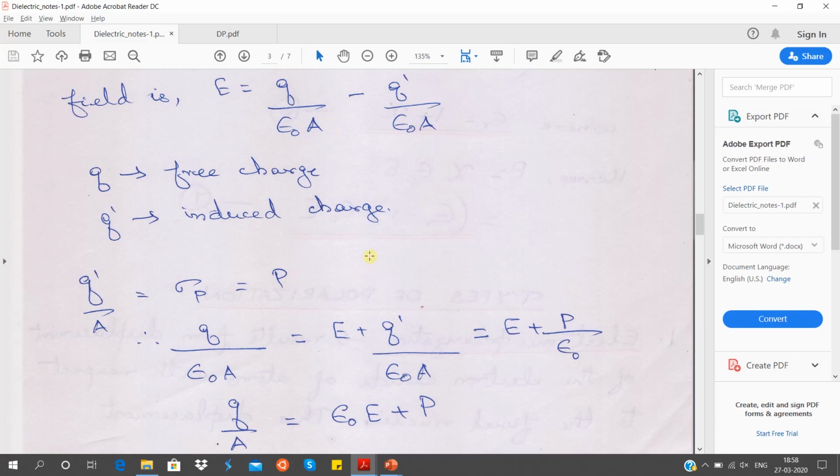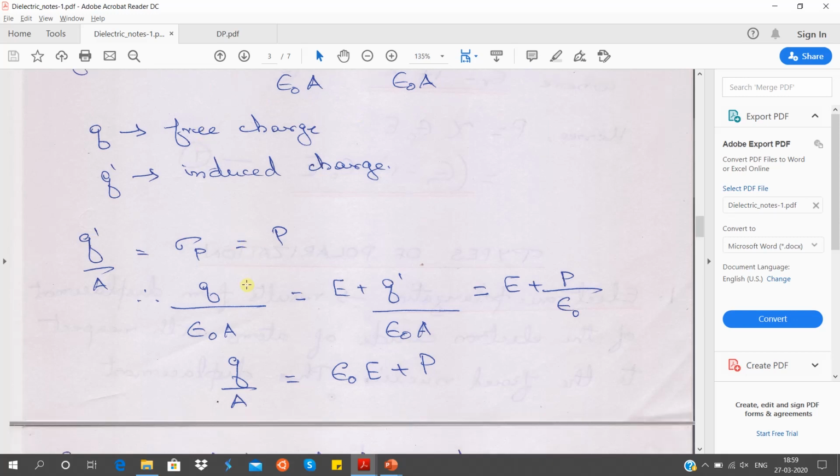The next step, I am also doing one rearrangement. I bring Q by epsilon naught A to the left hand side and take E towards the right hand side. Or in another way, I can bring Q by epsilon naught A on the left hand side and Q prime by epsilon naught A to the right hand side. It's just a basic rearrangement.